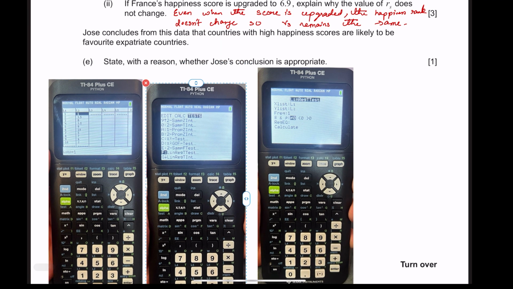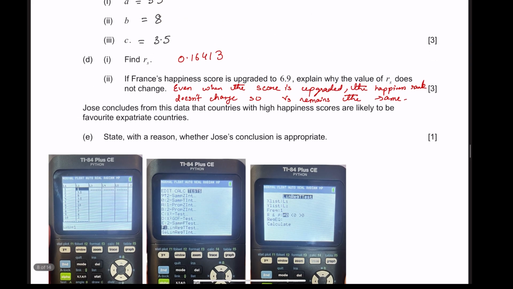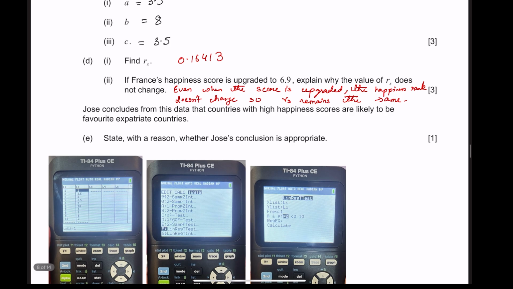Now the next one. Jose concludes from this data that countries with high happiness scores are likely to be favored expatriate countries. State, with a reason, whether Jose's conclusion is appropriate. Jose's conclusion is not appropriate because the Spearman's rank correlation coefficient RS is very small.